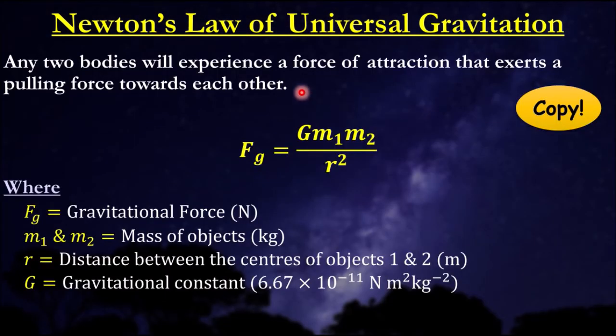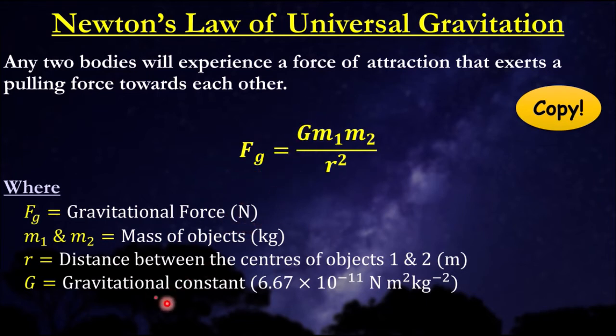And so here we have the formula to represent the gravitational attraction between two mass objects in space. You can also apply it on Earth, and we'll look at some calculations. Just to remember, Fg is gravitational force in newtons.